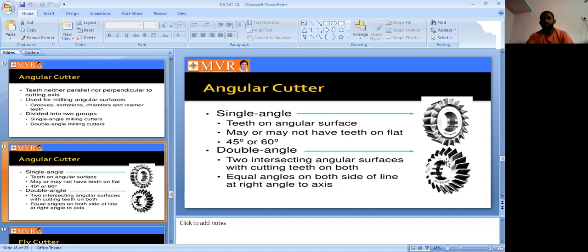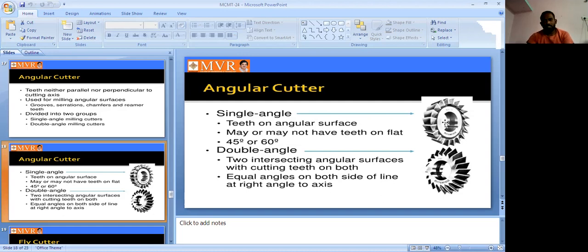These are equal angles on both sides of the line at right angles to the axis. So in the double angle cutter, we have two angular surfaces with equal angles on both sides of the line at right angles to the axis. This is one of the double angle angular cutters.